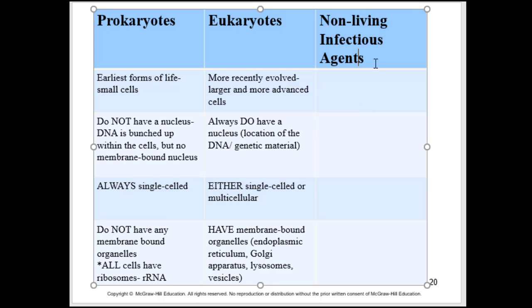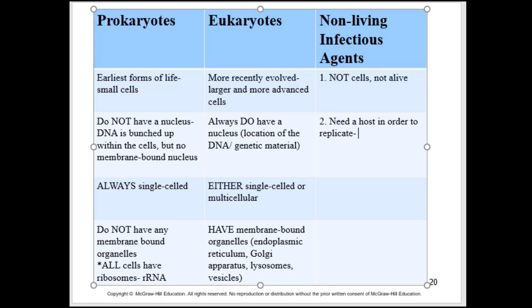Now let's talk about those non-living infectious agents. What makes these guys different? First of all, these are not cells. They do not contain any cells at all. They're not cells, meaning they're not living. They're not alive. Secondly, because they're not alive, that means they need a host in order to replicate.